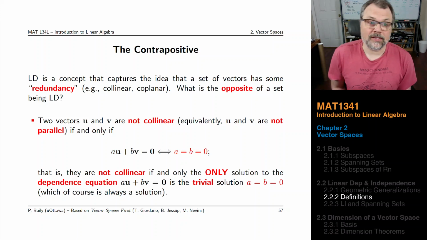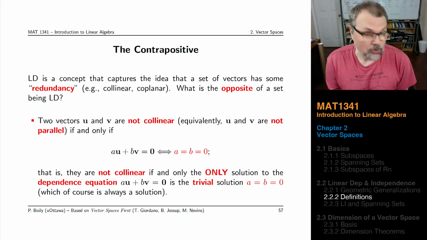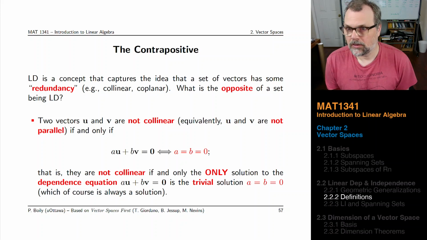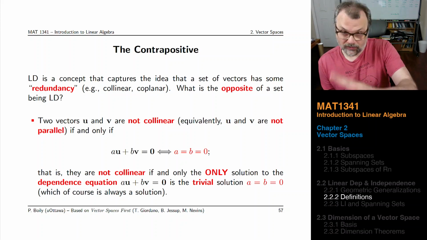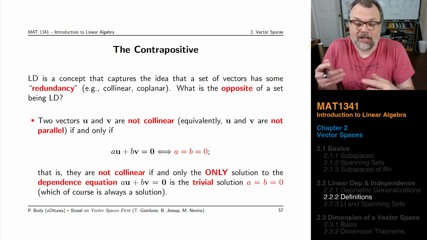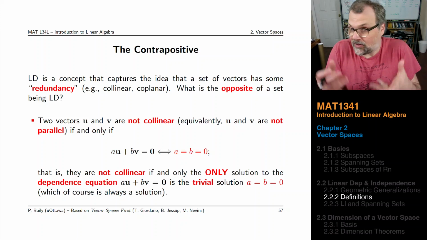Linear dependency as a concept captures some notion of what it means for vectors to be redundant in a sense. Collinearity means that you don't really need all of them. Any one of them would sort of give you the line, and all the other ones are not really necessary. Well, redundancy implies an objective goal.